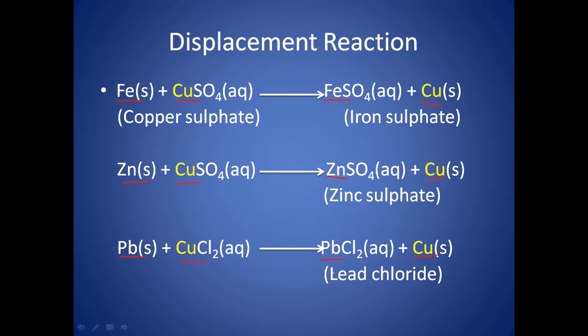So everyone comes to his place and copper gets free. That is the simple displacement reaction. Now this SO4 means sulfate, this Cl2 means chloride, there's nothing more. These are the common elements we will see in future chapters. That is displacement reaction. There is nothing more to explain. As you can see, there is a copper guy who always gets replaced, unfortunately.